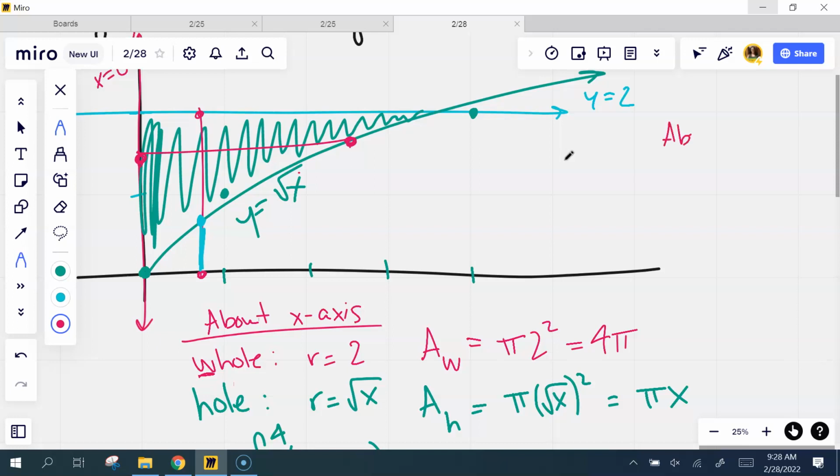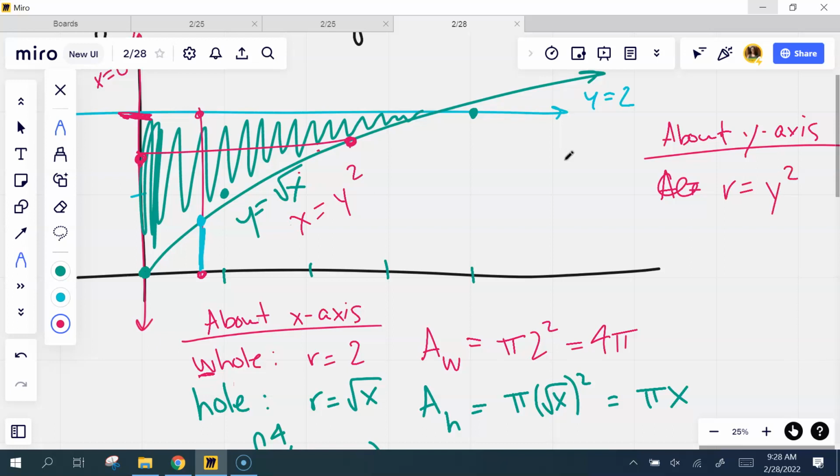So about the y-axis, I don't need whole minus hole, I just need a whole, okay? This would be the same as x equals y squared. This time I'm going from, all right, so let's do the radius first. The radius would be y squared.